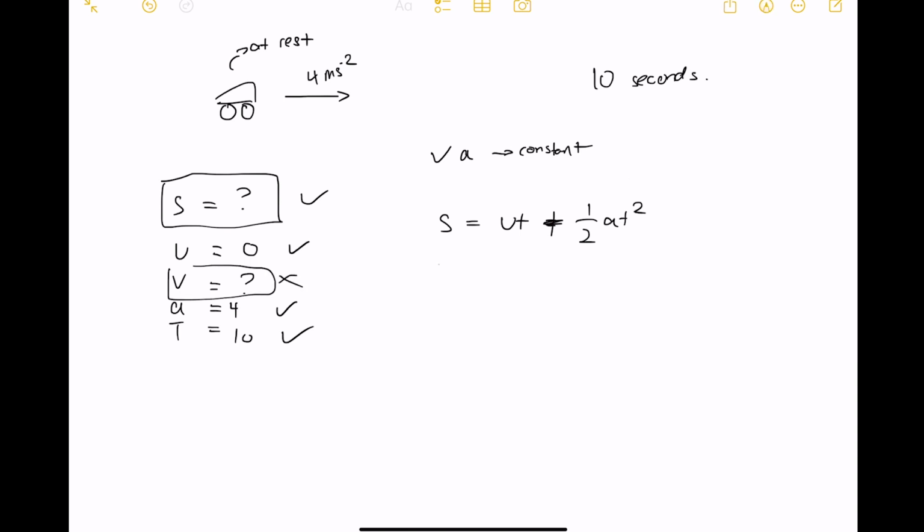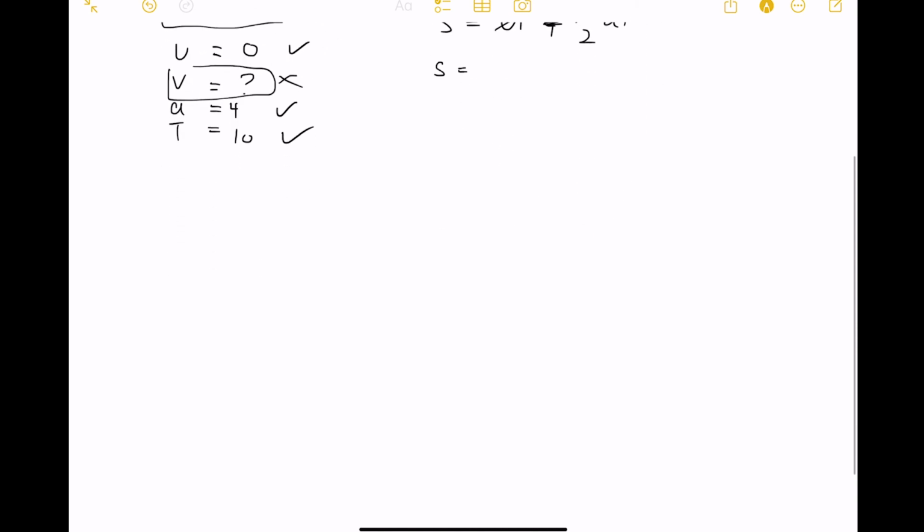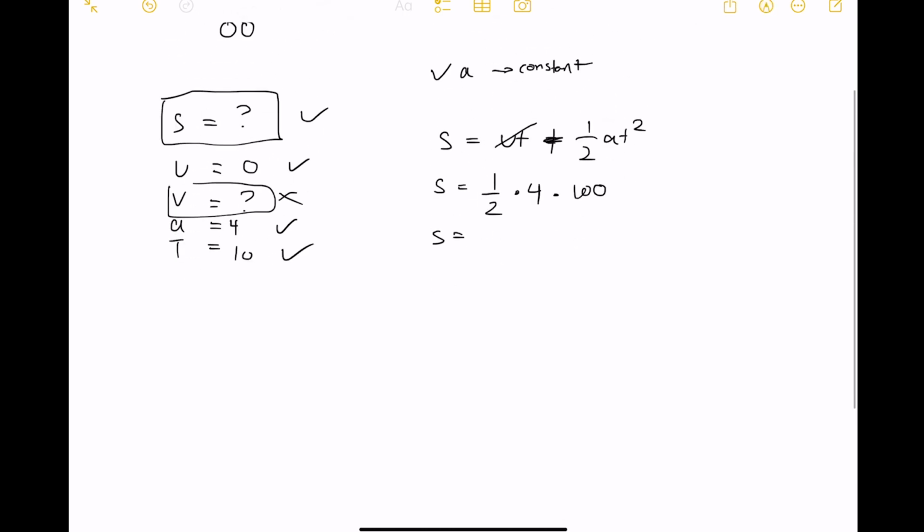We're trying to find S, so we leave S as it is. We know that U equals 0, so this entire term is out. We're left with half times A, which is 4, times time squared, which is 100. That means the total distance traveled is 200 meters.